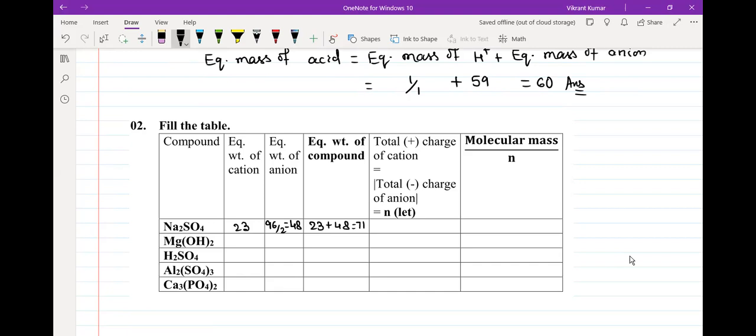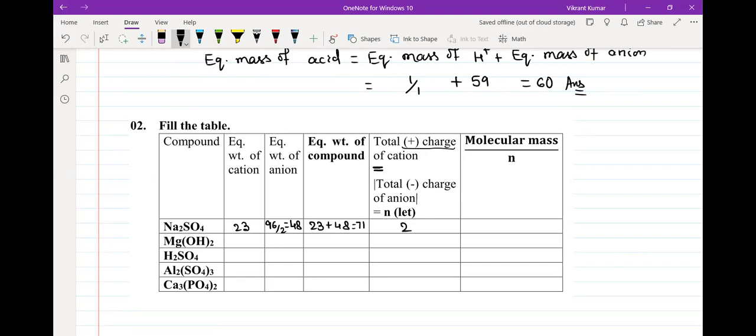Now I want you to do another calculation. What is the total positive charge of cation or total negative charge of anion ka magnitude? 2. It is 2, because we have 2 Na plus, and that's why the total positive charge becomes 2. Or we have one sulfate which is also having negative charge, and that's why I put a equality ka sign in between these two. So we need to have that confirmation ki dono barabar aana chahiye, then only we'll be reporting this answer.